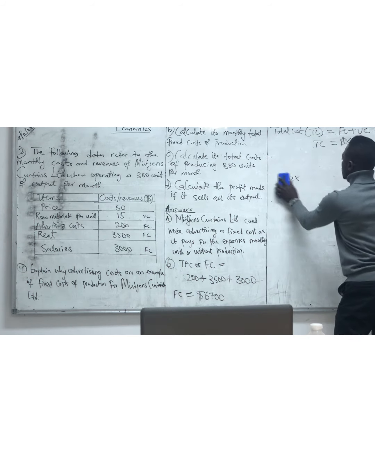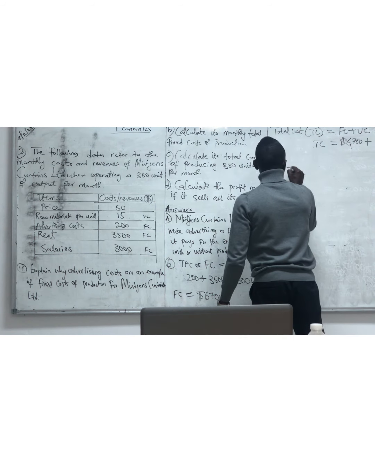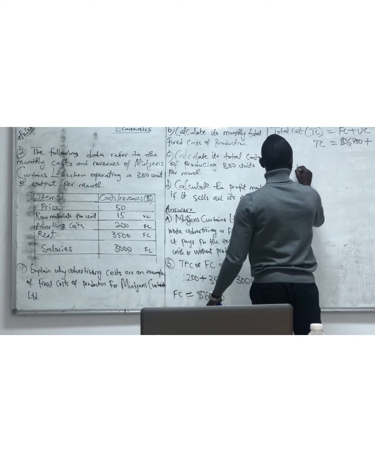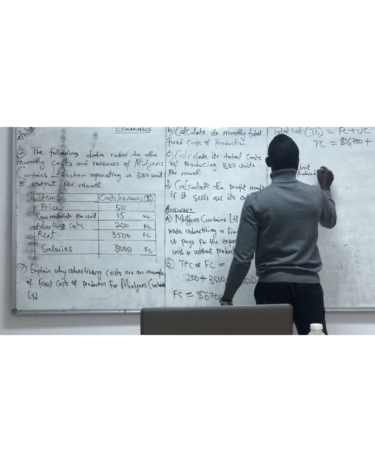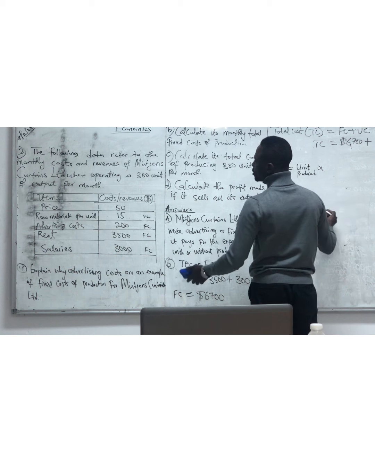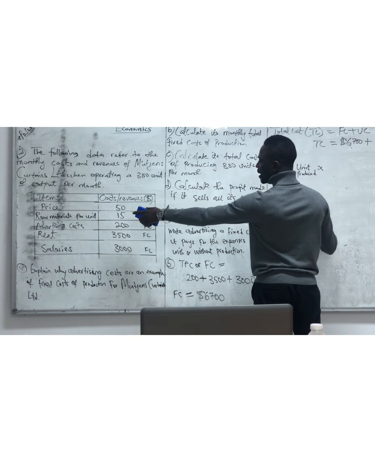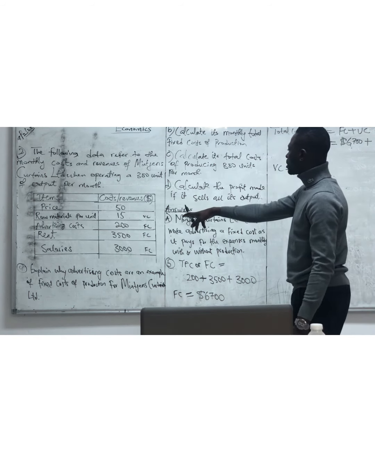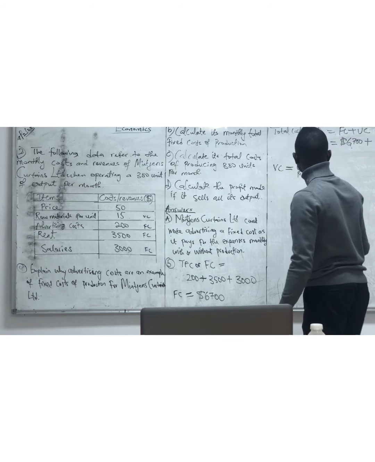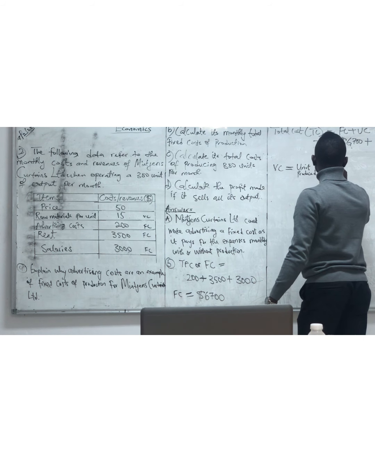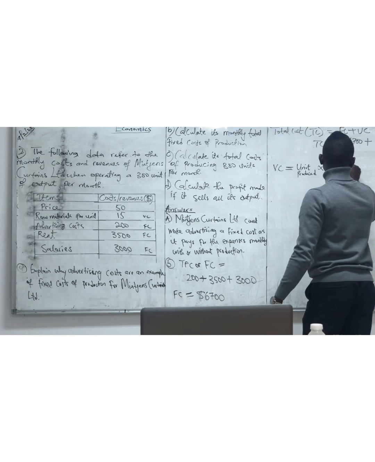Variable cost equals the unit produced multiplied by the cost of raw materials per unit.